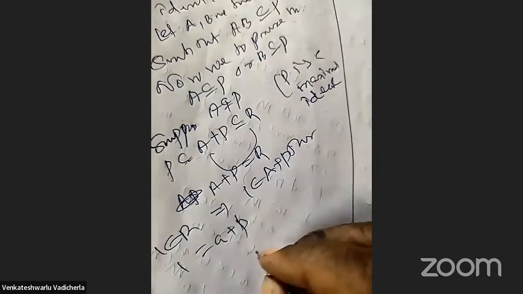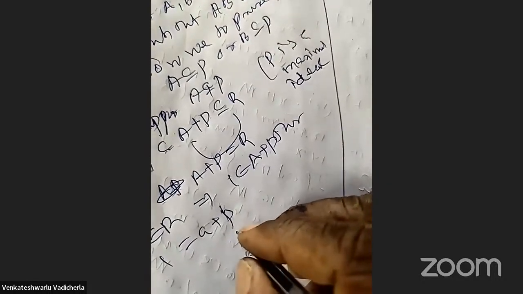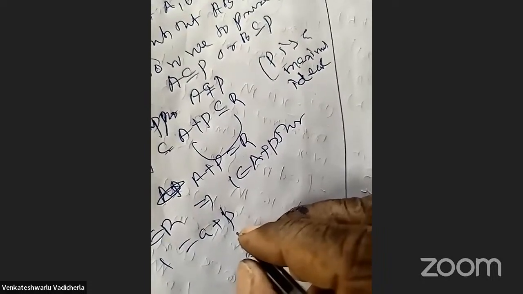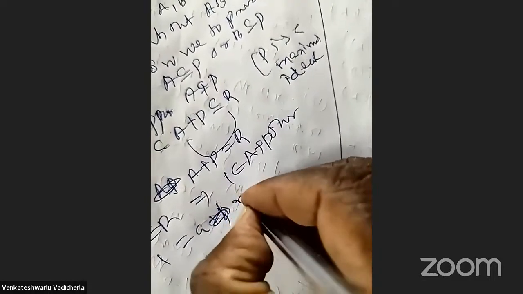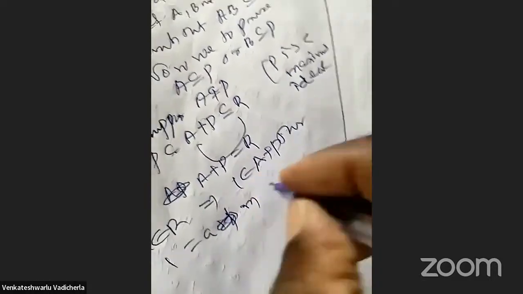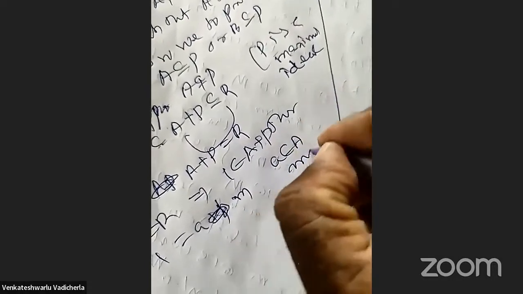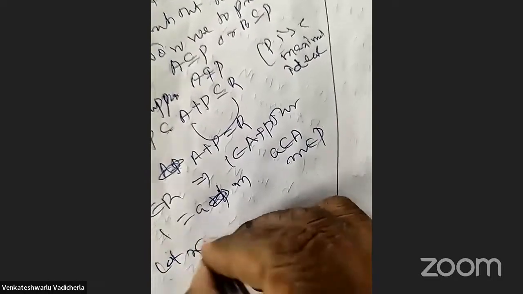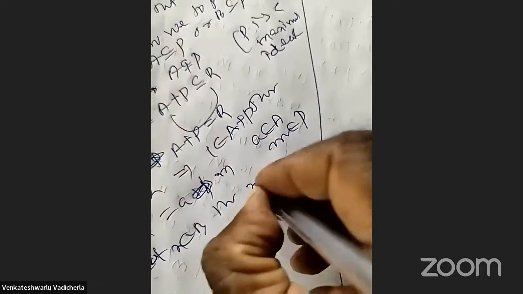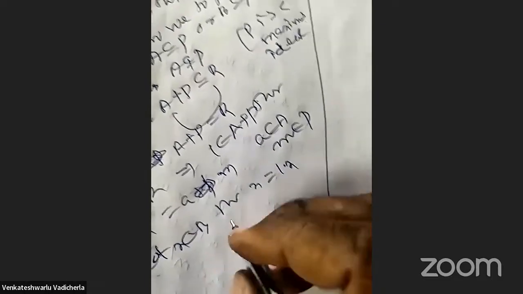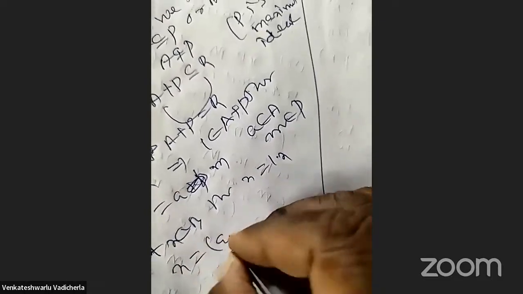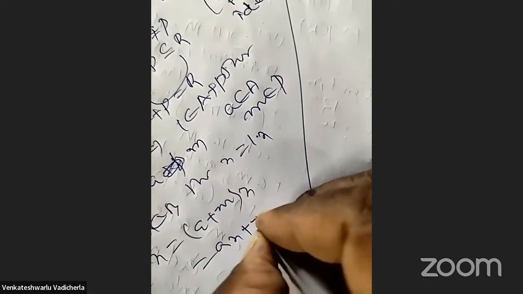Small a belongs to capital A, and small m belongs to capital P. So let x belong to B. Then x is equal to 1 times x, so x is equal to (a plus m) times x, which is ax plus mx.